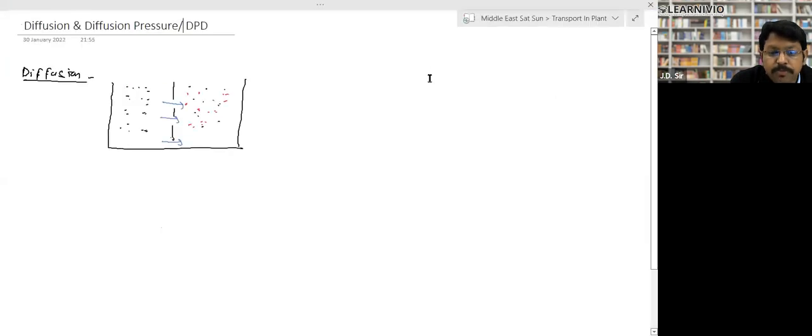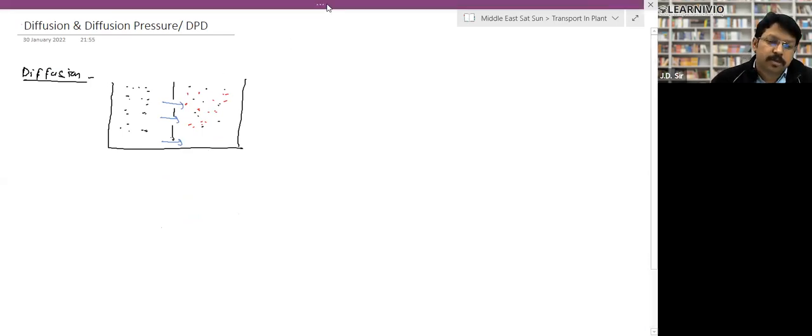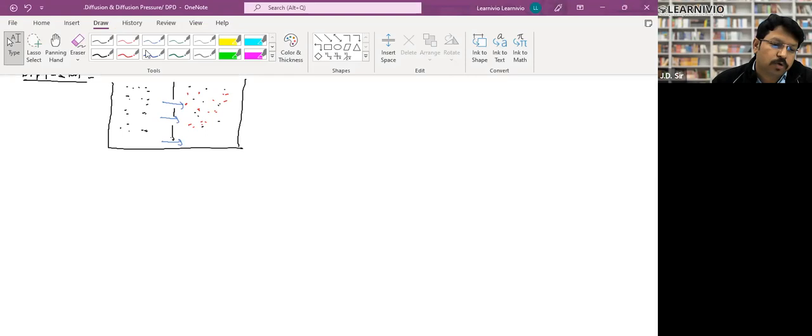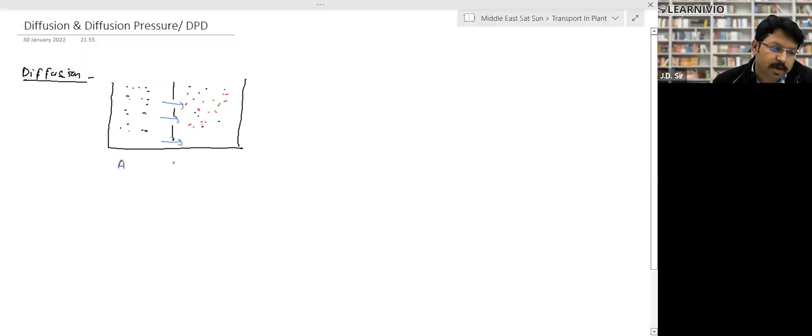Now, what is diffusion pressure deficit, right? So, suppose, for the sake of example, the diffusion pressure of molecules present over here. This is the A tumbler, and this is the B tumbler, right? Here, for example, the diffusion pressure is 5 mmHg. Here, the diffusion pressure is 1 mmHg.